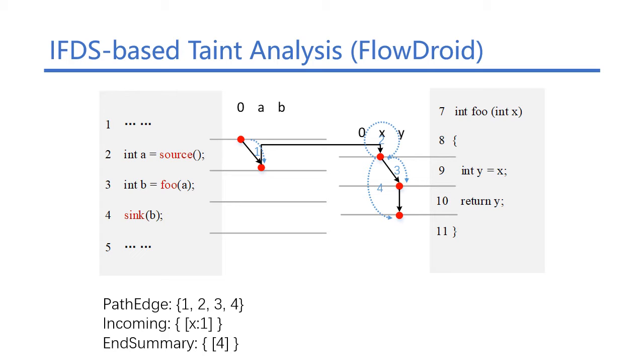At the exit node at line 10, path edge 4 is added into the path edge set and end summary set. According to the incoming set, we find the return site and generate path edge 5. Finally, data flow fact B enters the sink method, which is defined as a leak API.